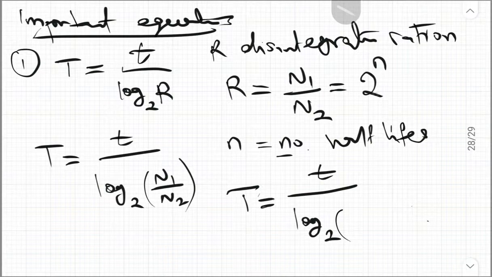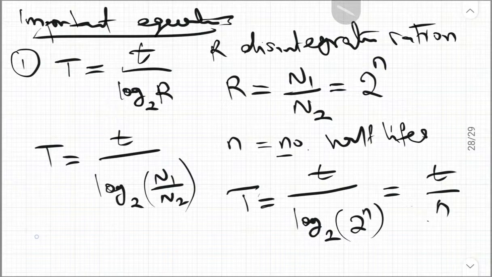R is actually 2 to the nth power, and the logarithm of 2 to the n base 2 is actually n. So we have t over n. So we could also write the half-life formula as big T equal to small t over n, where n is the number of half-lives. All right, so take note of this equation.